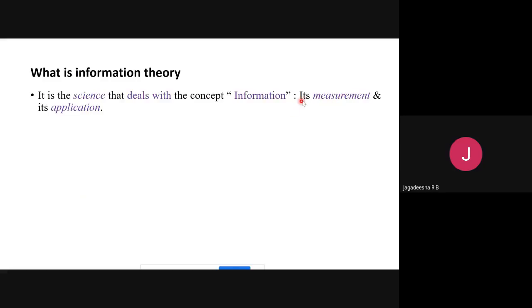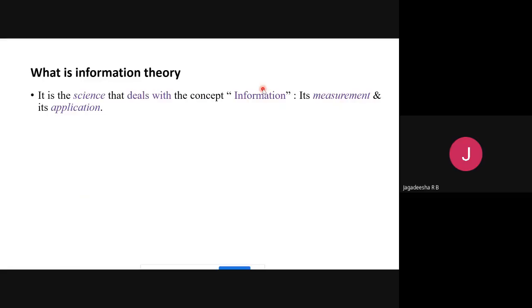So this is what the engineers do. Information, of course, we have in our surroundings, maybe birds or animals, which generate some voice when they communicate with each other, or the sound of a breeze, etc. These are information.